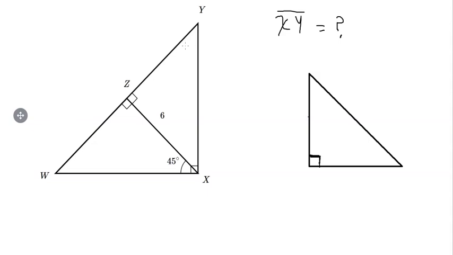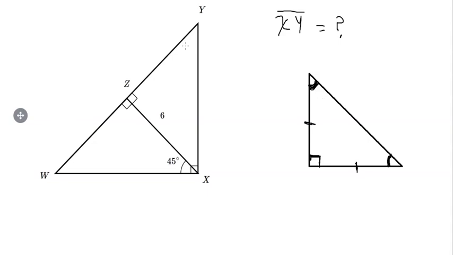This right triangle is an isosceles triangle, right? Why? Correct, because these two sides are equal. So if the two sides are equal, what happens with the angles? This angle and this angle. Yes, that's correct. They're also equal.